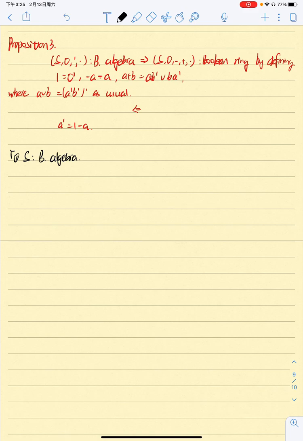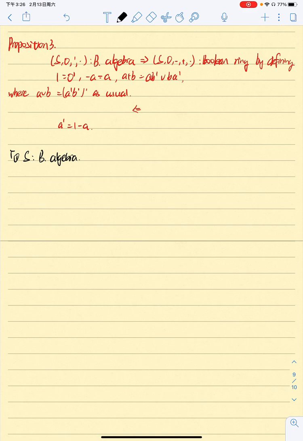And to prove this is a ring, we need to show first under the plus operation, S is an abelian group, and under the multiply operation, S is a semigroup, and S satisfies the distributive law. Okay, let's see.